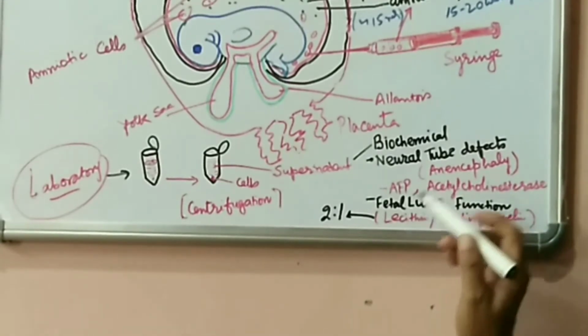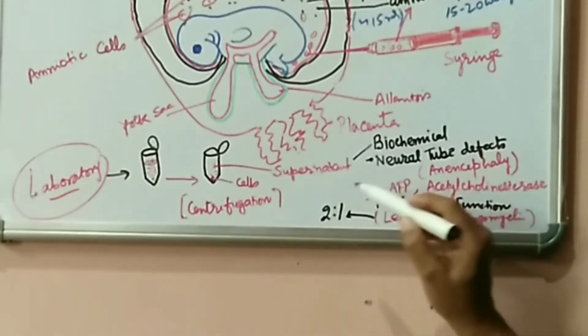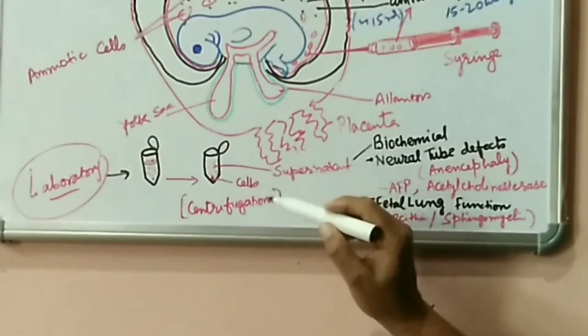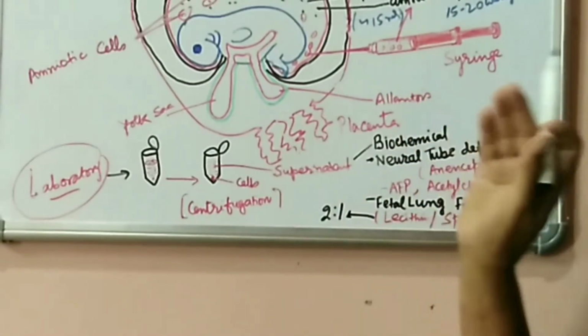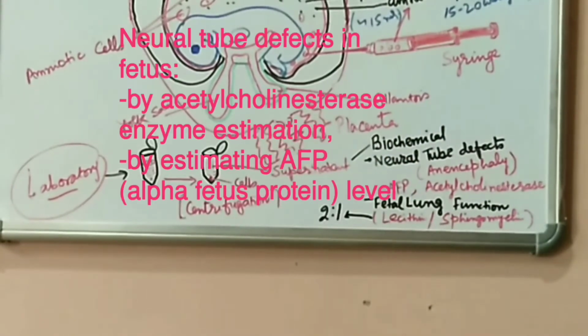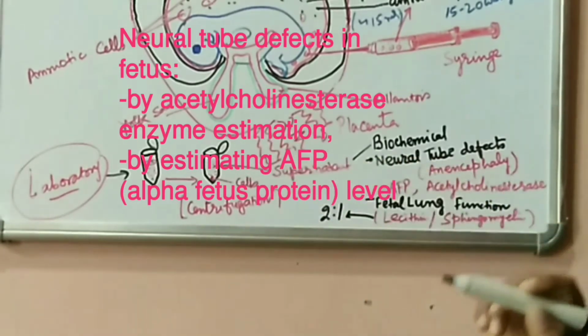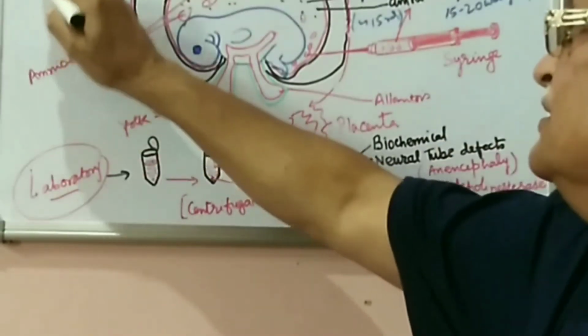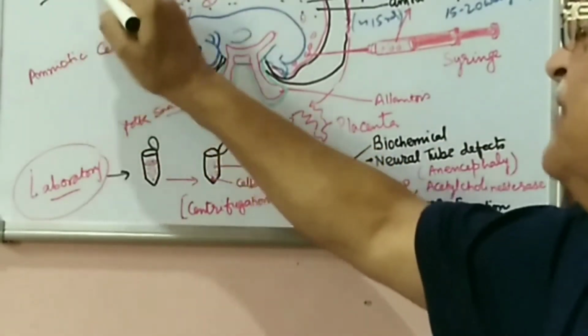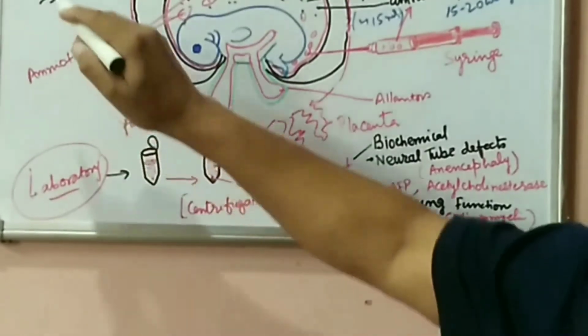And the second thing that can also be checked by this fluid is, if there are WBCs, the WBCs are processed, that is white cells, white blood cells, or leukocytes.